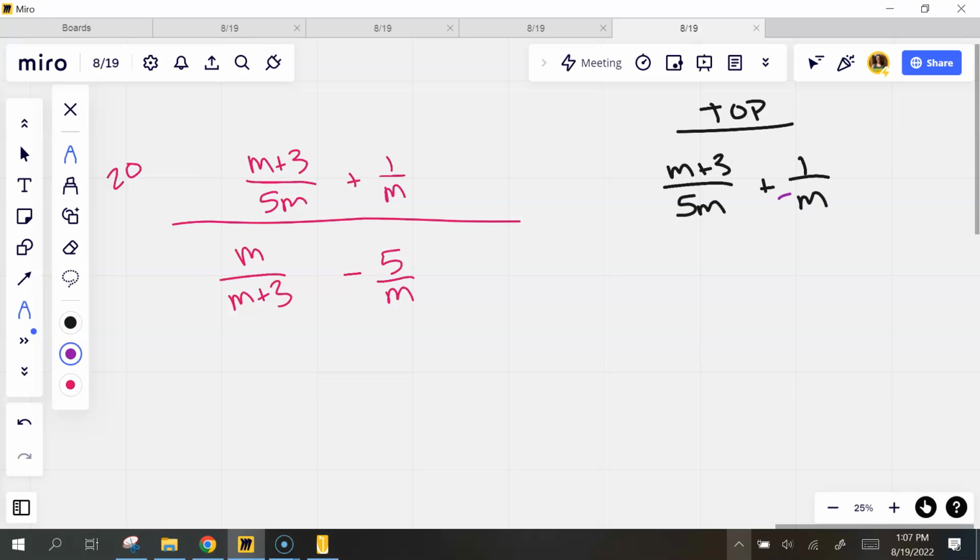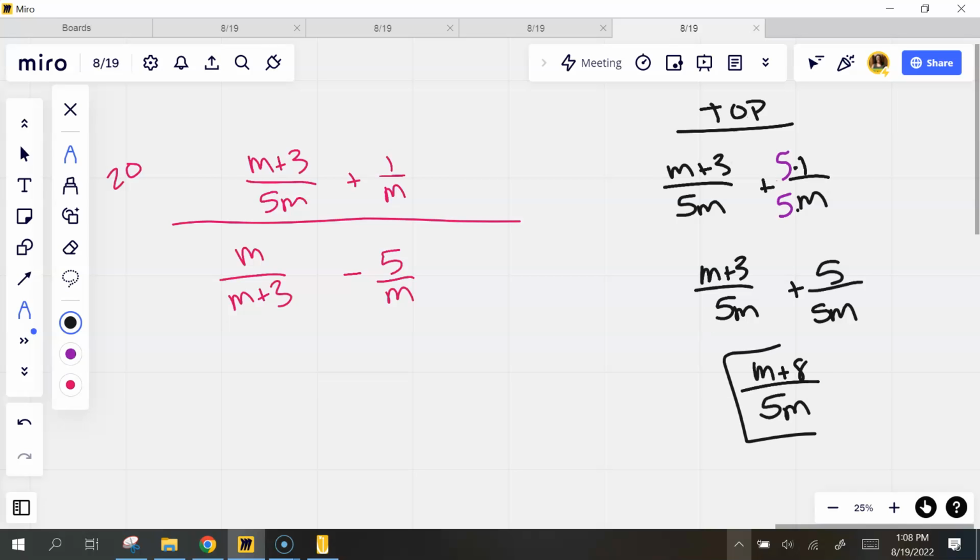All right, somebody said 5 on the right. That's correct. So I have (m plus 3) over 5m plus 5 over 5m. Agree or disagree? Put tops together. Can I do anything else with it? No. Circle it.